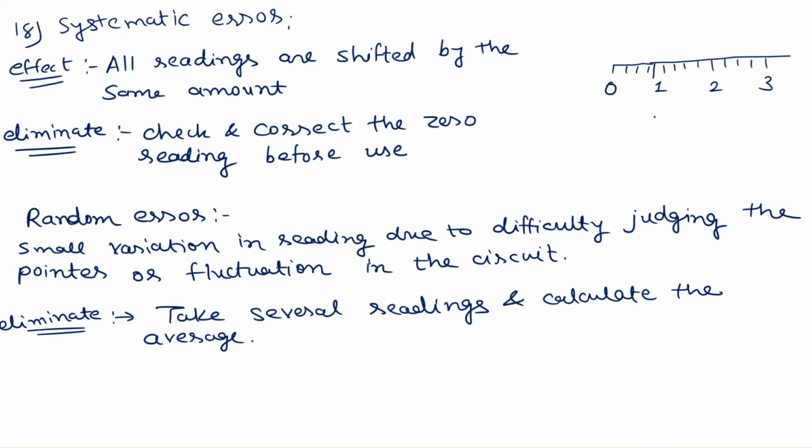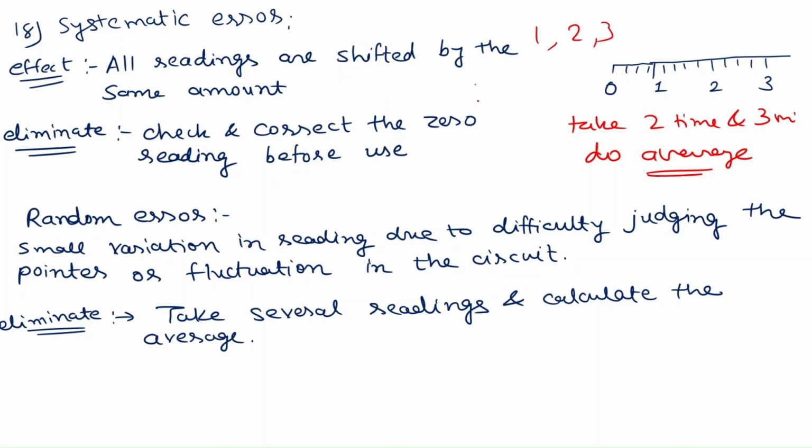Okay, so make sure when you take a reading, take it 2 or 3 times and do an average of what you get. If you get 1 volt, 2 volt, and 3 volt, you have to just do an average like this, and you will get near to the accurate one.